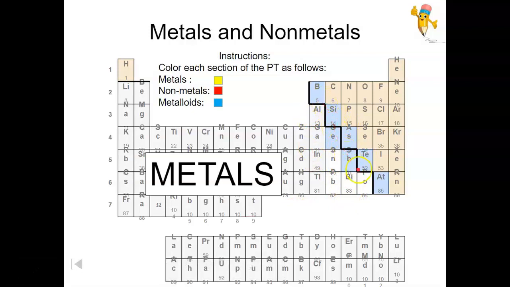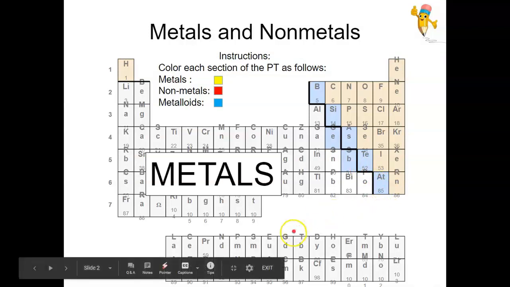We're going to talk about this area in just a second, but we're going to color pretty much everything through columns 1 through 12. And then you're going to be careful not to color in this blue area. And the next slide is a little bit easier to see. You're also going to color the bottom two rows. So that's your metals.